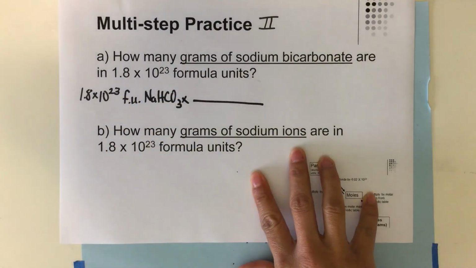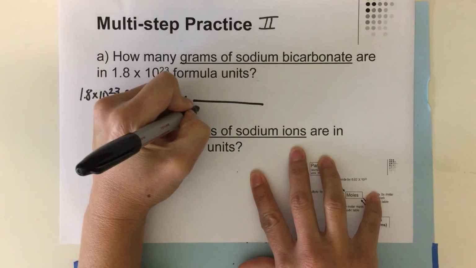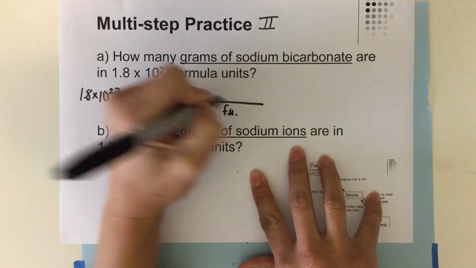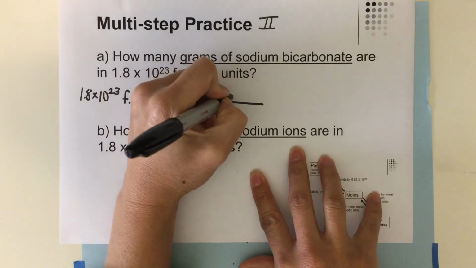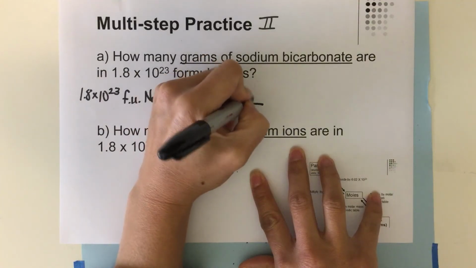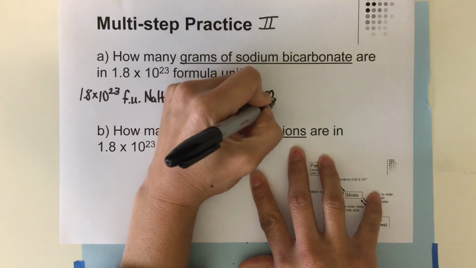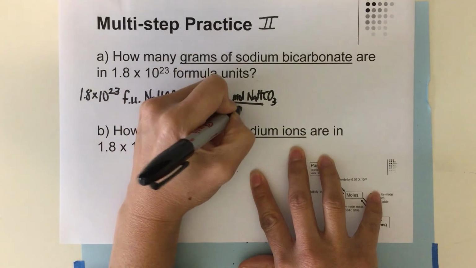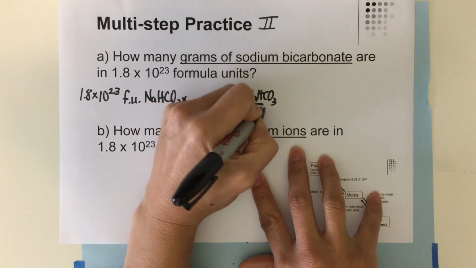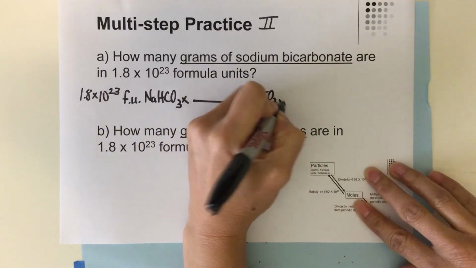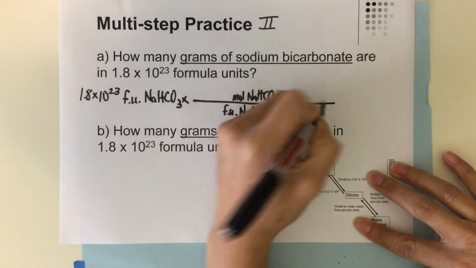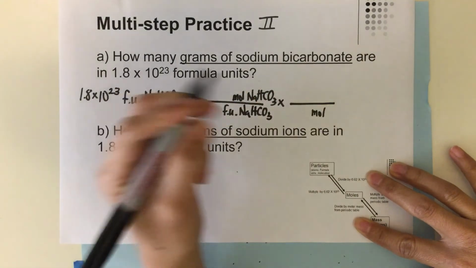Okay, so we're first going to convert to moles because we're currently in formula units. We've got to get to moles. Then the next thing is to go from moles to grams.